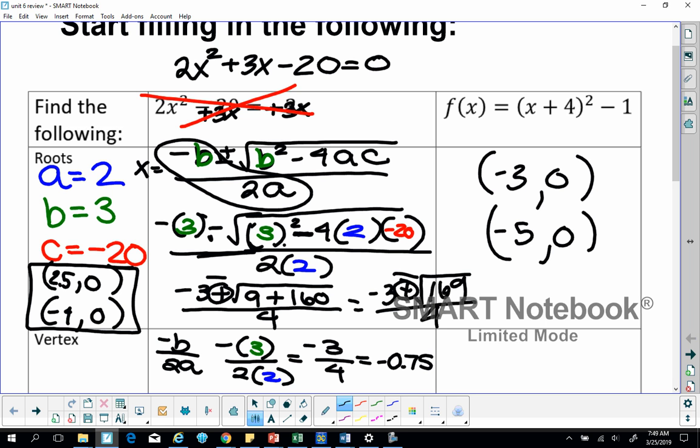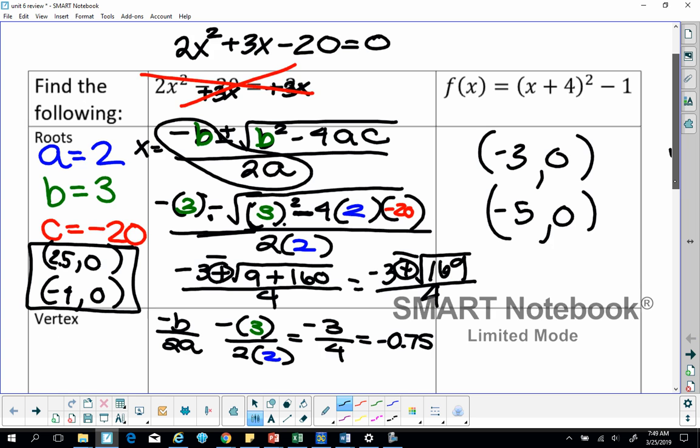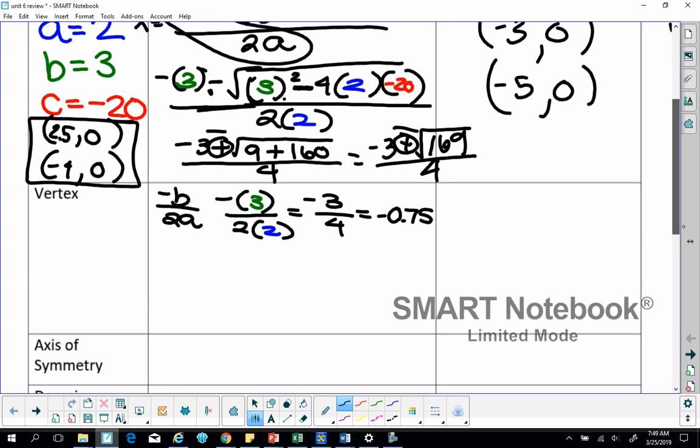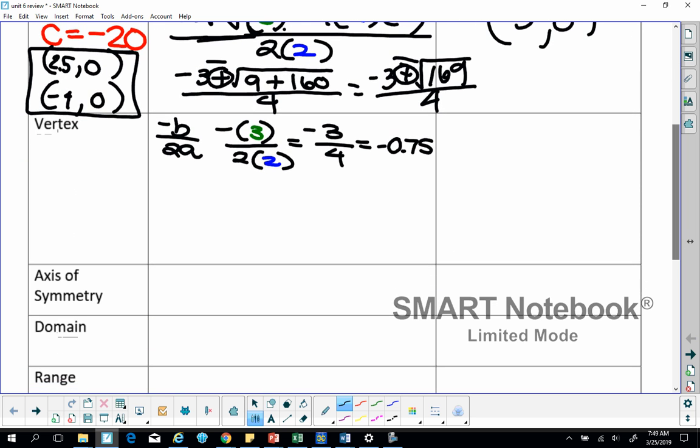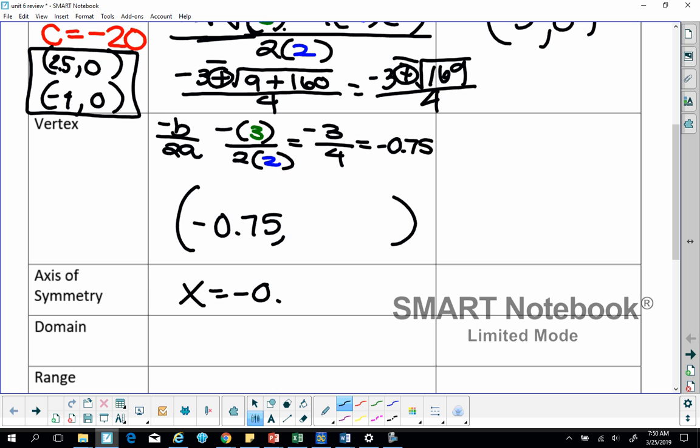If that's your x-coordinate of your vertex, what is it considered? That's your x-coordinate of your vertex. What is that also considered? Axis of symmetry, right? So when x equals -0.75, that is your axis of symmetry.